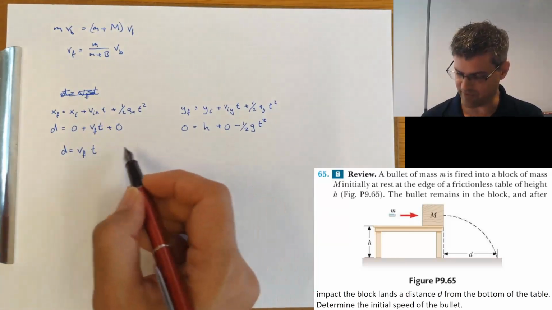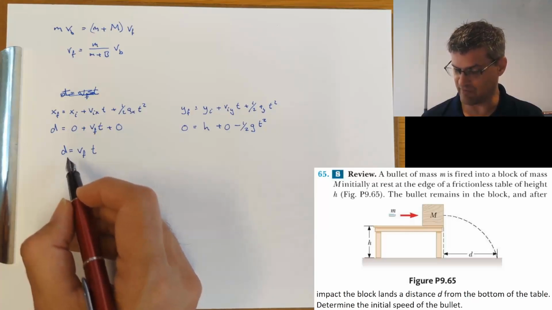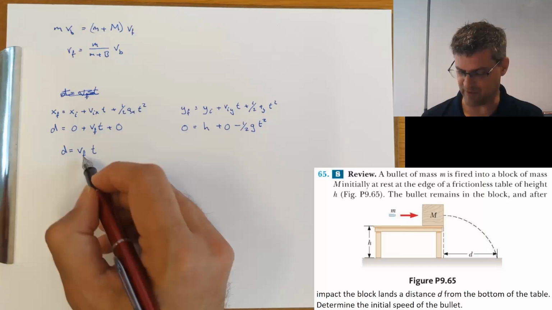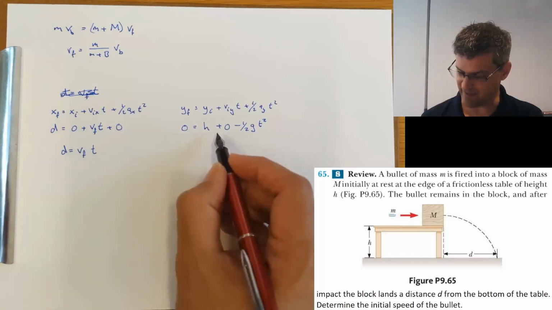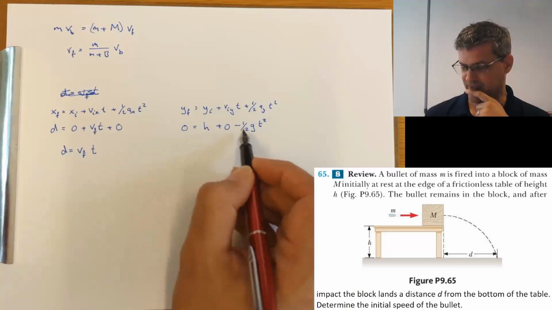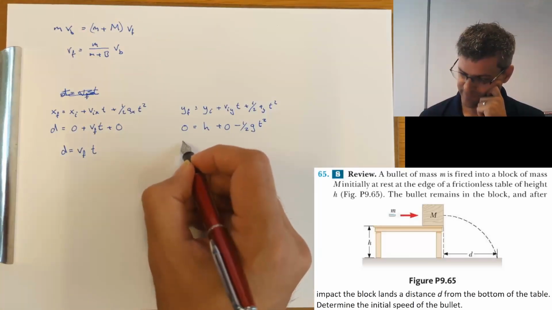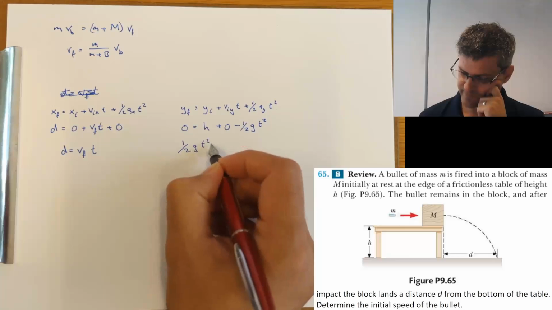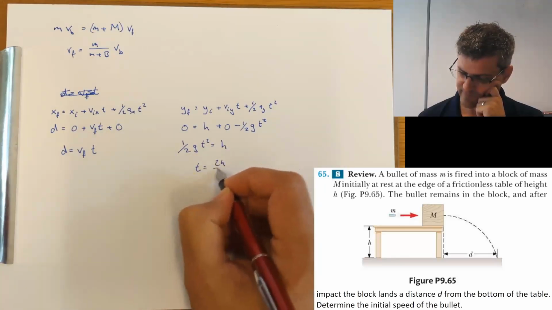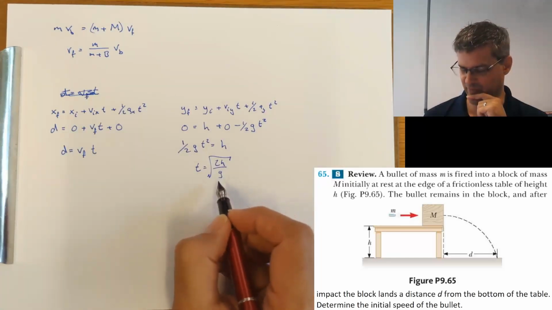So if we were maybe given what d was, right? And so we didn't know what the time was, but we wanted to find out what Vf is. So maybe I could use this equation to find the time that the block was in the air, right? This is the time that the block is in the air before it hits the ground.